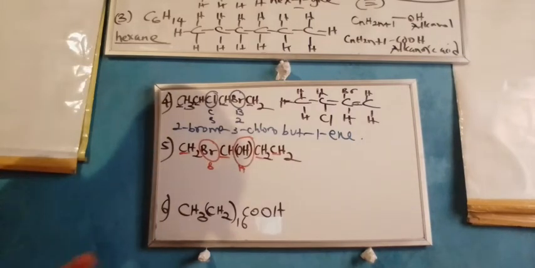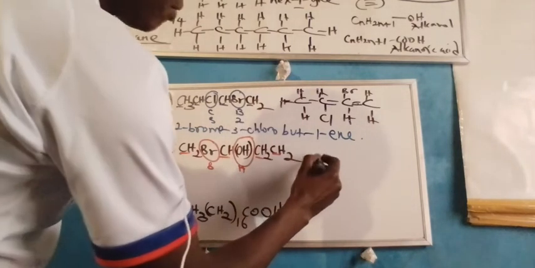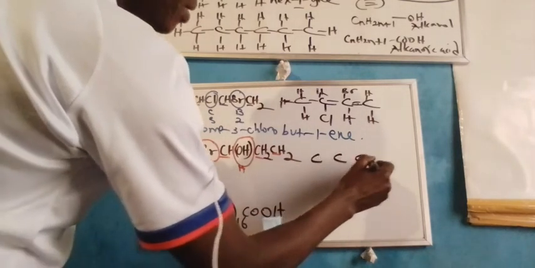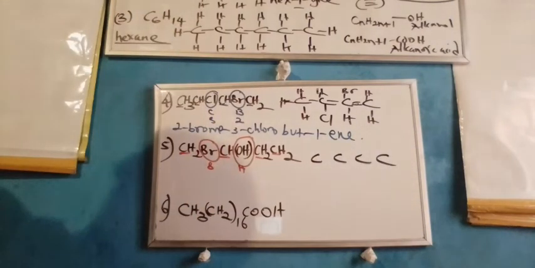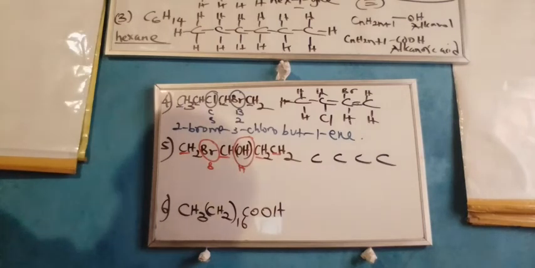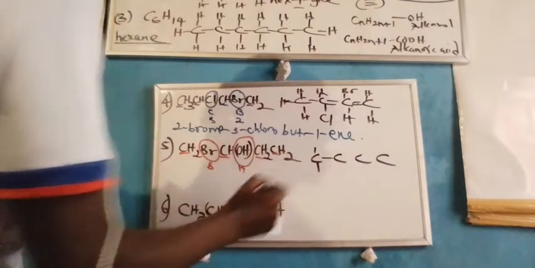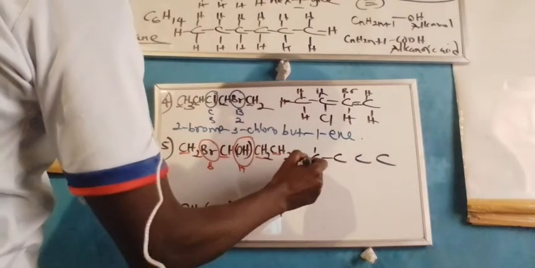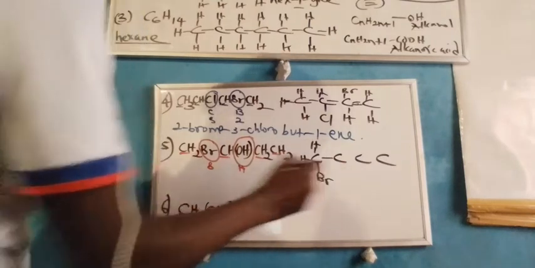So we need to draw the structure to verify. Drawing the structure, we'll have to draw 1, 2, 3, 4. Then looking at each respective carbon in the structure, we proceed to attach the foreign species. The first one has 2 hydrogens and a bromine, or a bromide.